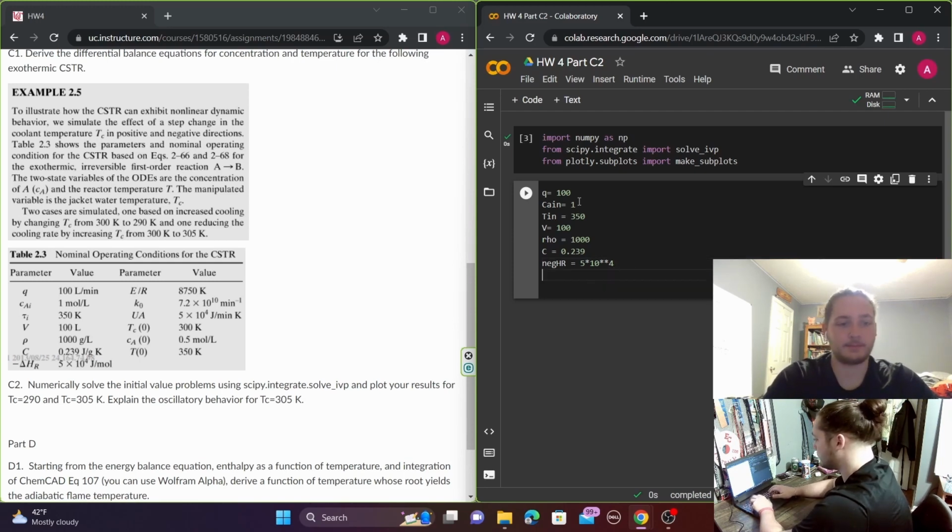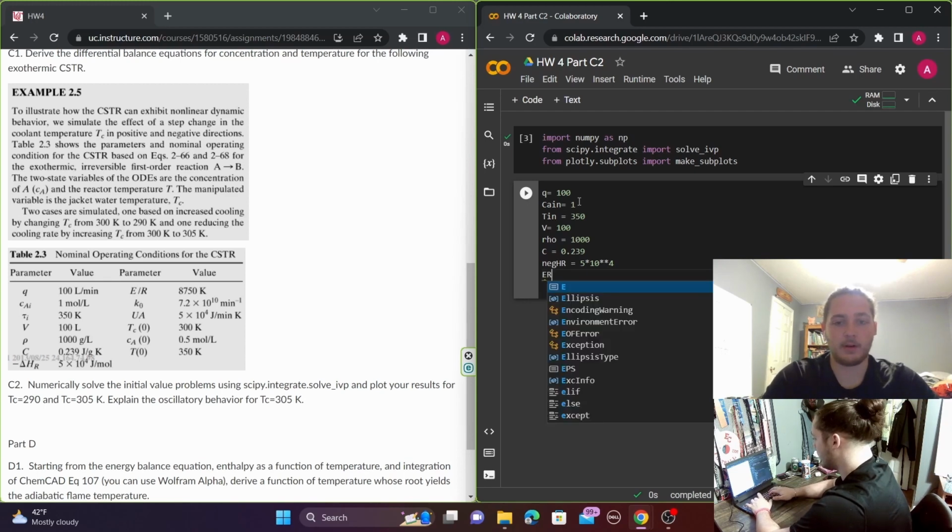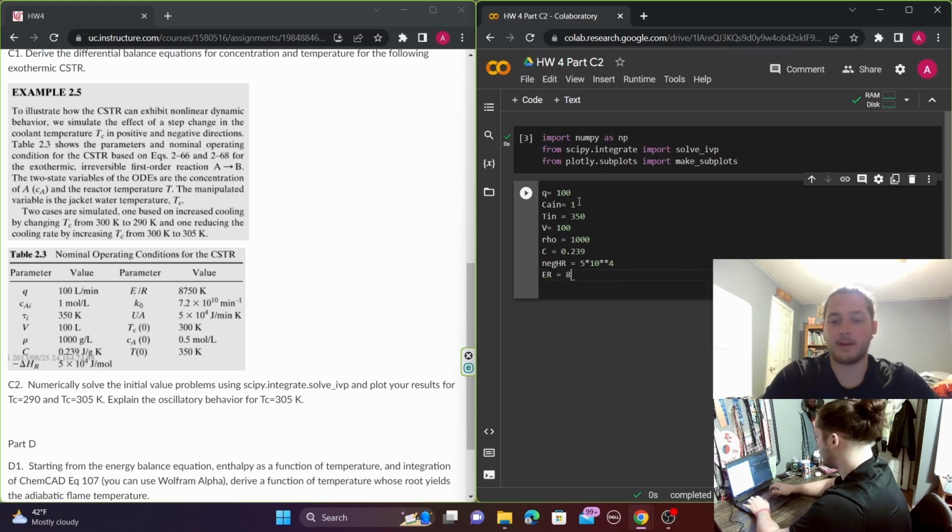Next we have E over R, and that is equal to 8750 kelvins. And then we have our k naught, and that is equal to 7.2 times 10 raised to the 10 power.